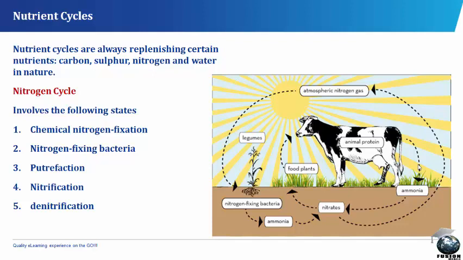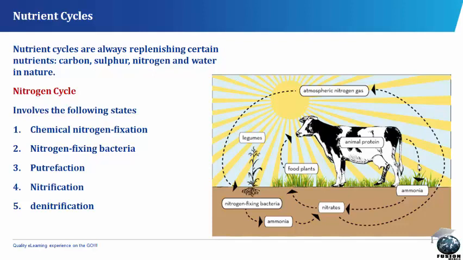The nitrogen cycle. It involves the following stages. 1. Chemical nitrogen fixation. 2. Nitrogen fixing bacteria. 3. Putrefaction. 4. Nitrification. 5. Denitrification.